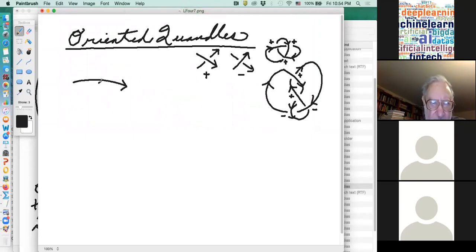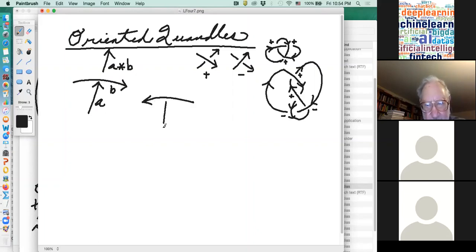So in an oriented situation, I'm going to define a quandle with 2 operations. I'm going to add A and B going to the right, and here I'm going to add A star B. I'll write it the same way. But if it goes the other way, then I'm going to have an opposite operation, A star bar B. Okay?